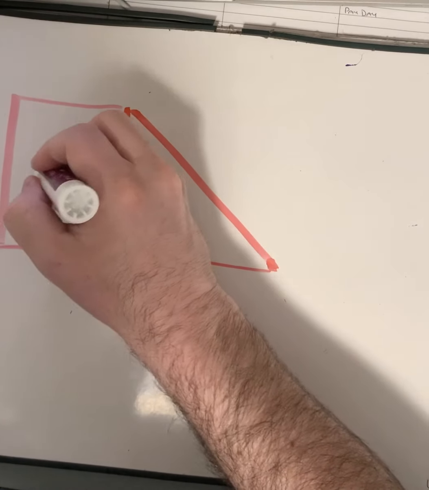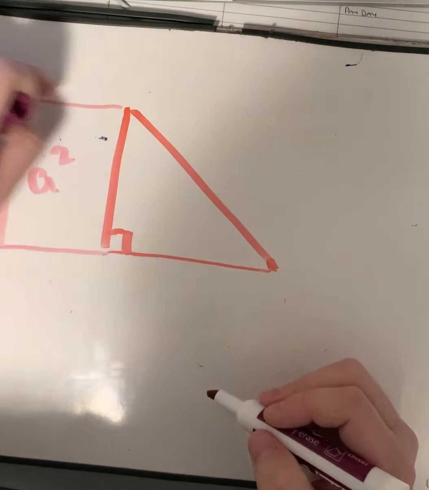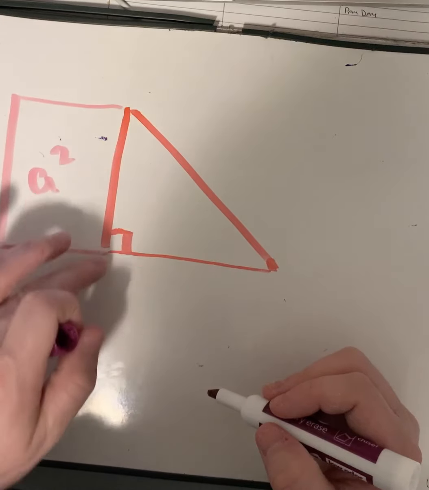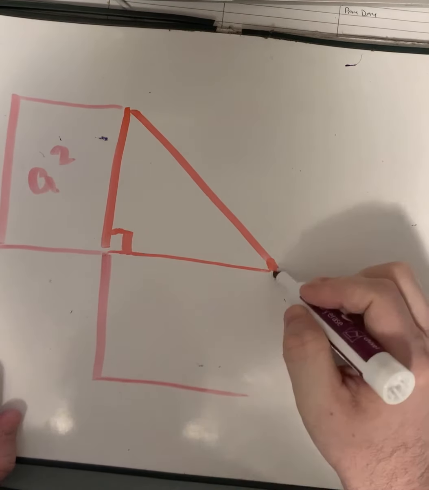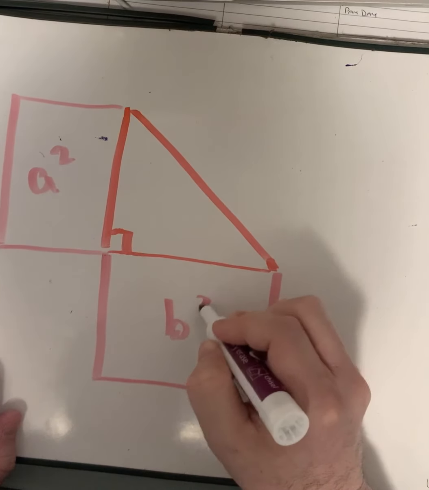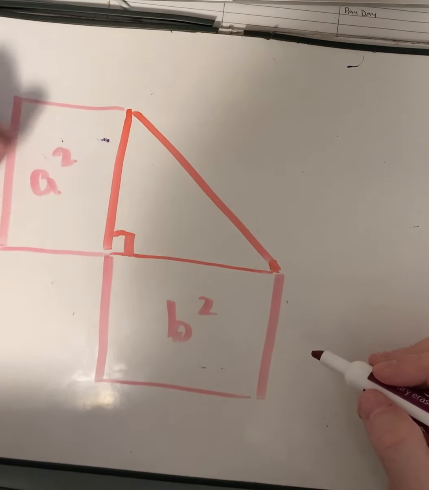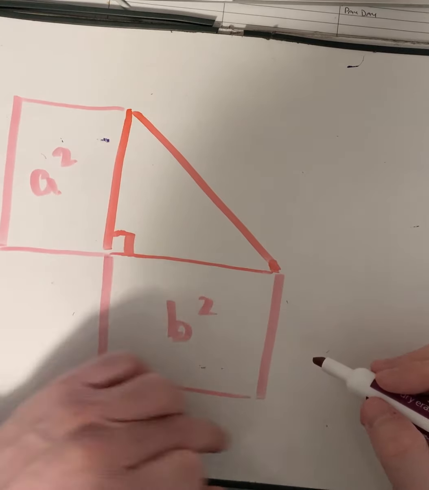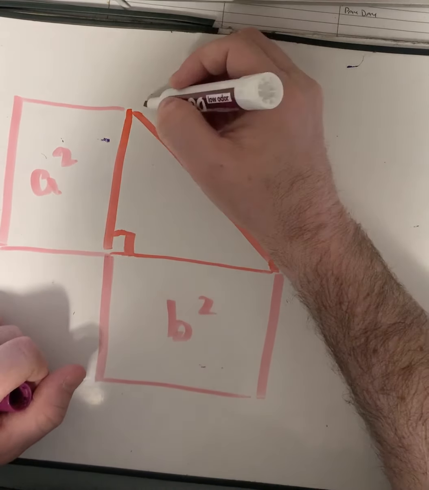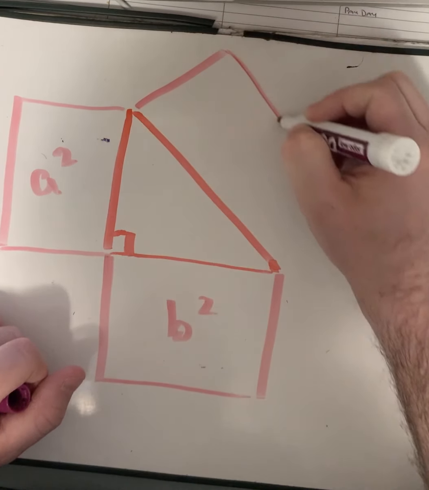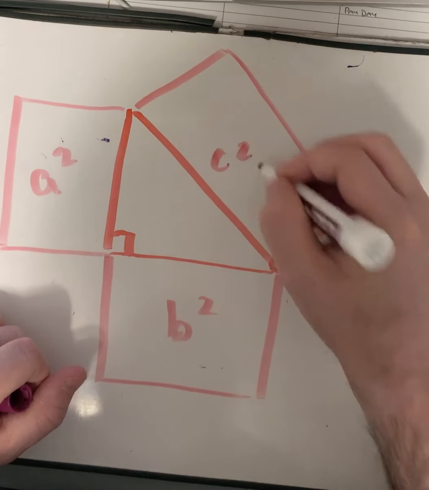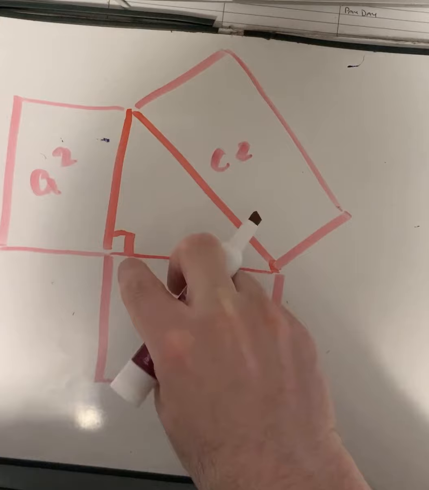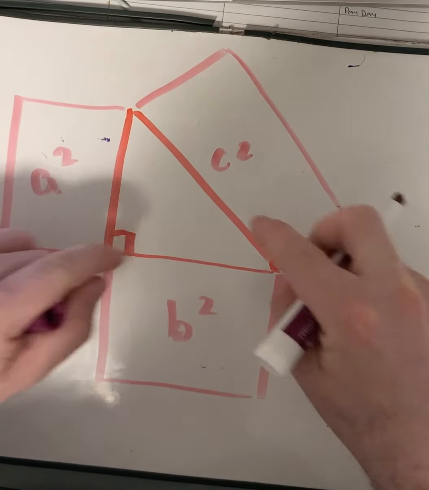A squared, the square of one leg, and the area of the square on the second leg, so the area of this square and the area of this square will equal the area of this square, the c square. So the area of these two squares will equal this square.